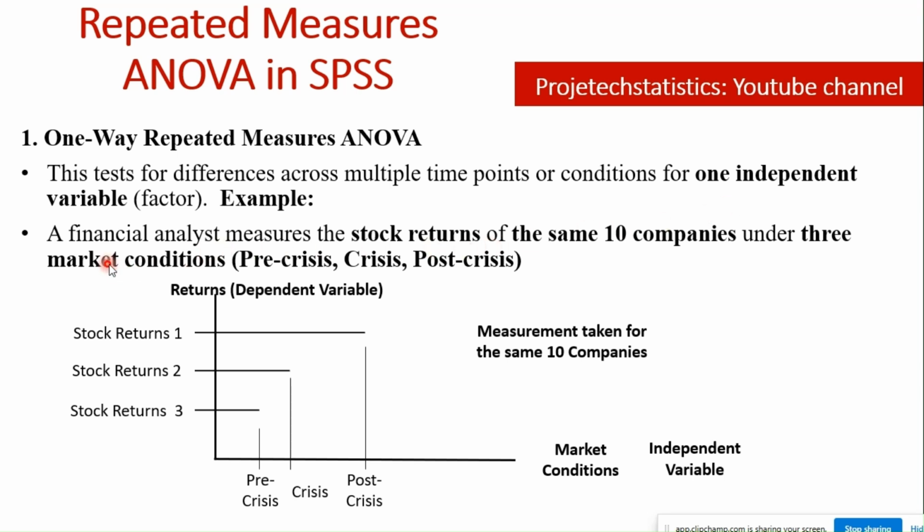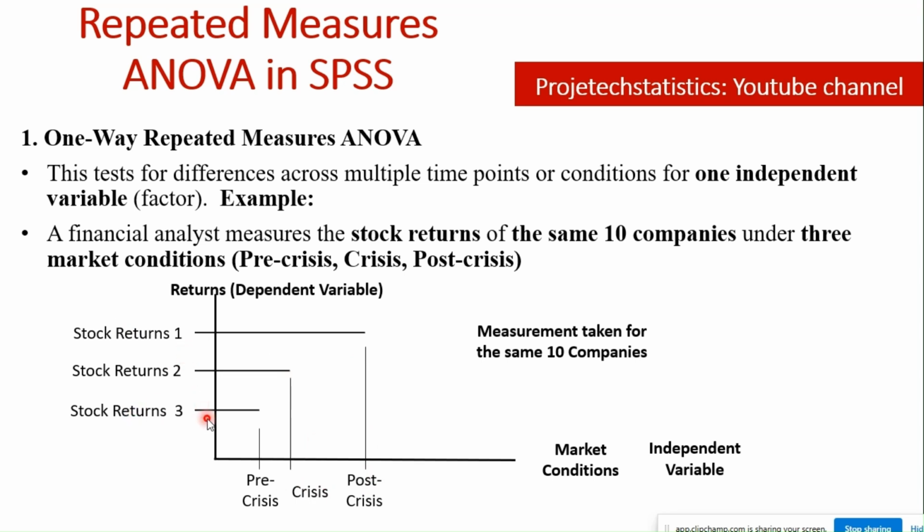For example, a financial analyst measures the stock returns of the same 10 companies under three market conditions: pre-crisis, crisis, and post-crisis. So here is the design. As the market condition changes, you take a measurement of the stock return for each market condition.